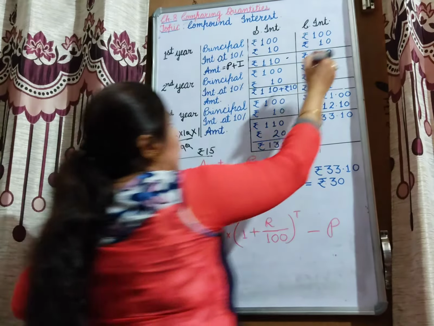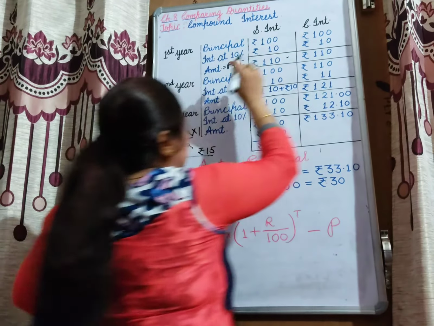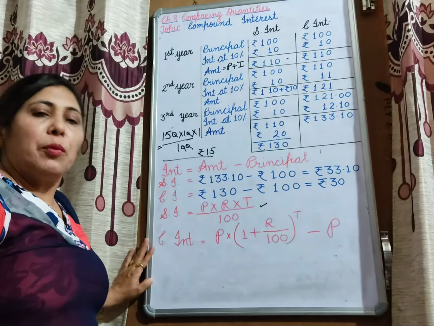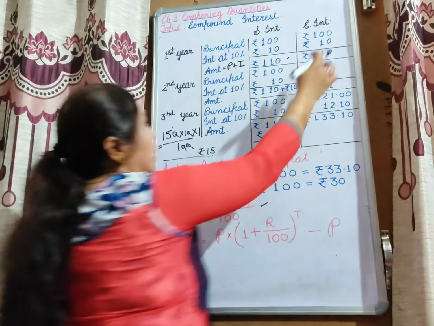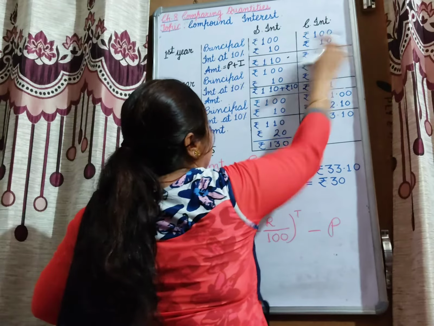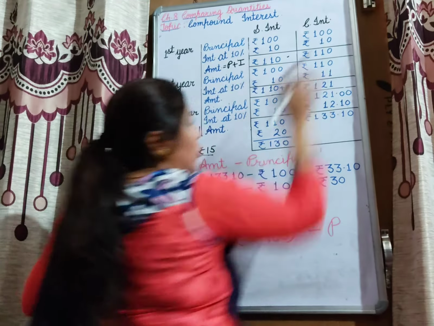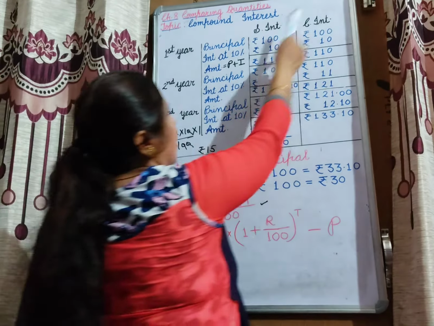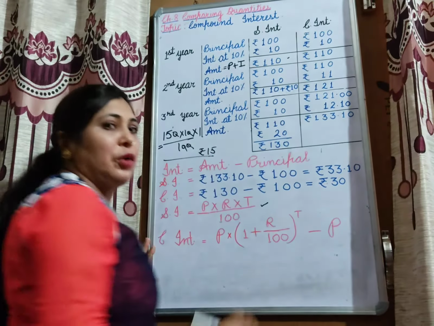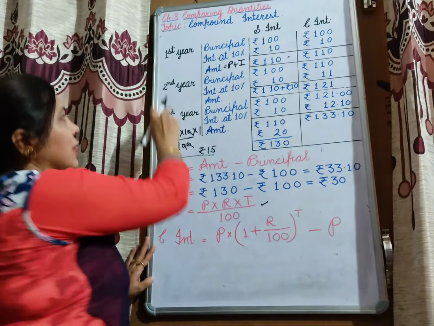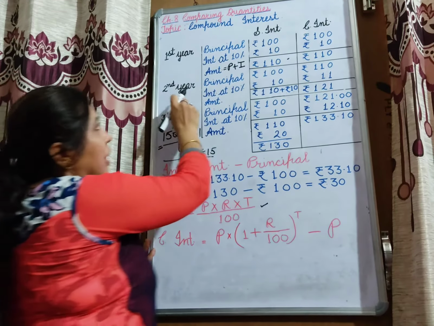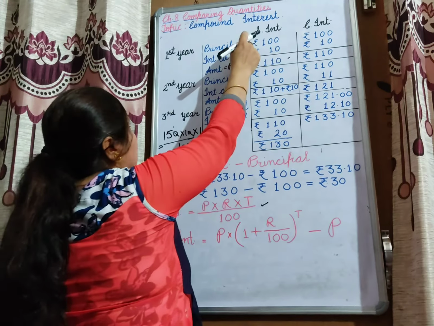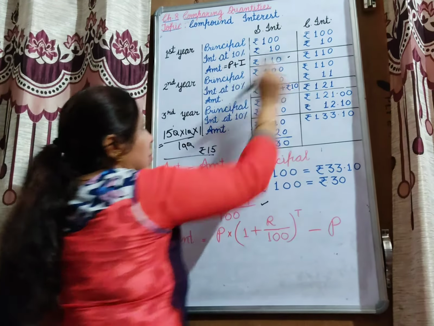Same now, compound interest. What is there? For the first year, simple interest and compound interest both will be same. Same principal, same interest and same amount for the first year. Now for the second year, in simple interest, we consider the same principal, rupees 100.